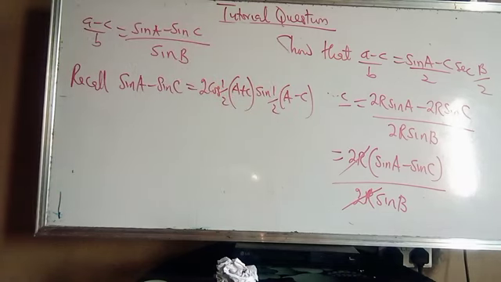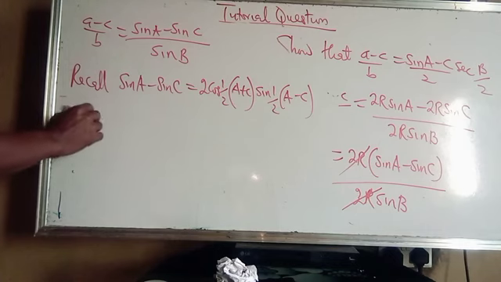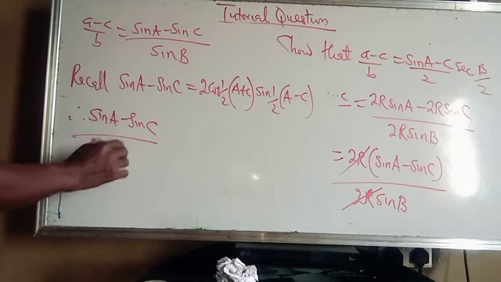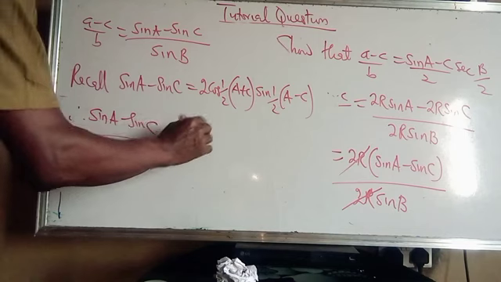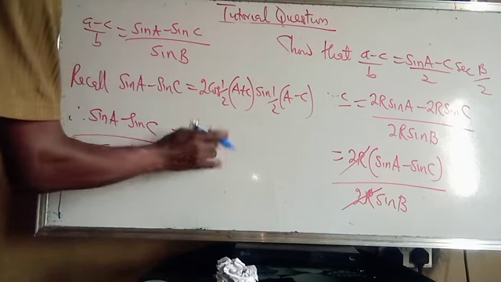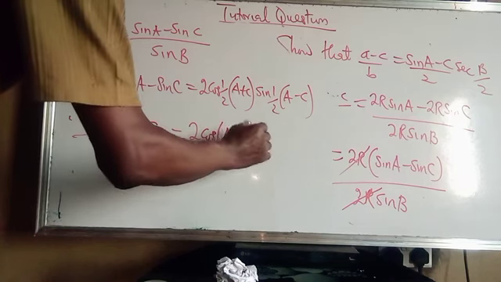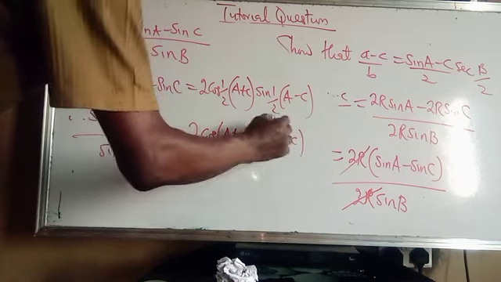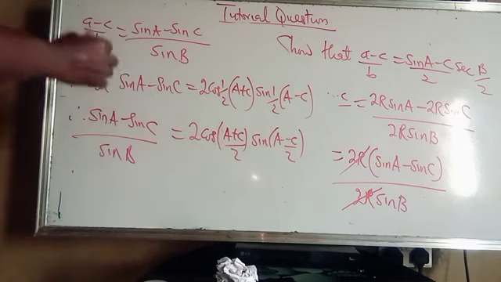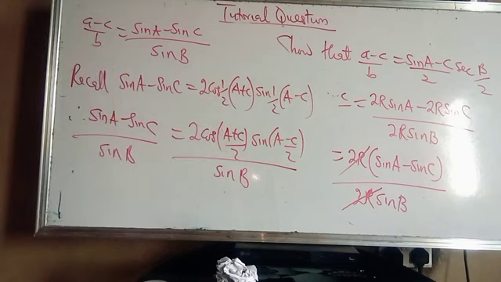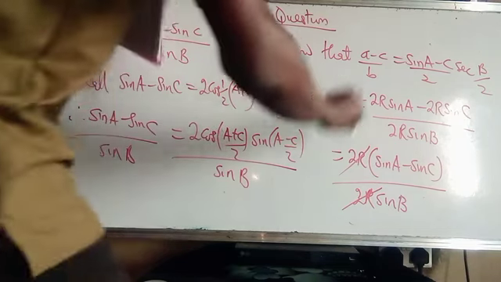So that will now replace what we have there. Therefore, sine A minus sine C all over sine B is now 2 cos of (A plus C) over 2, sine of (A minus C) over 2, everything all over sine B.